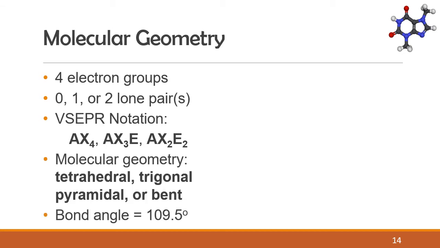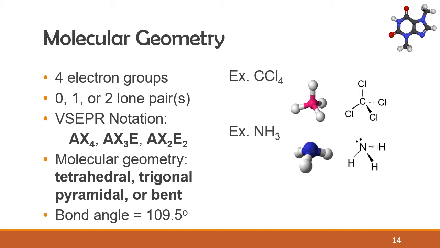The molecular geometries that result from four electron groups are tetrahedral, trigonal pyramidal, or bent. The predicted bond angle is 109.5 degrees. An example of a tetrahedral molecule is carbon tetrachloride. An example of a trigonal pyramidal molecule is ammonia. And an example of a bent molecule is water.